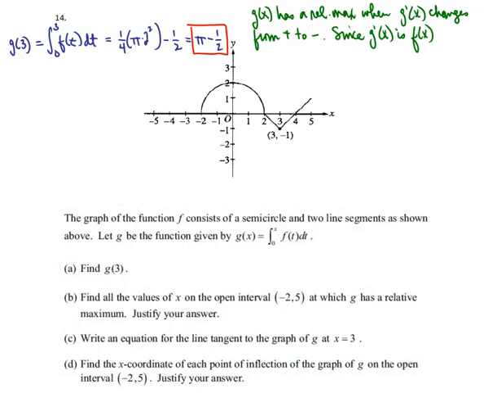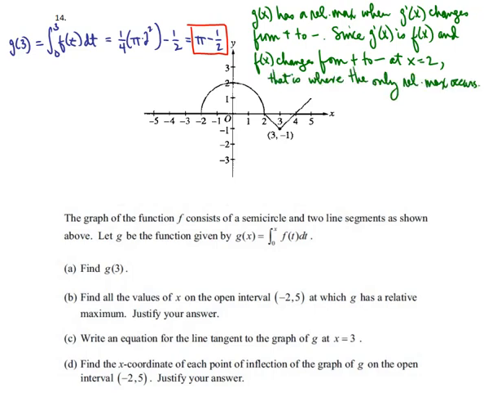In part B, all we're looking for is where f of x changes from positive to negative. x equals 2 is the only x value where there's a relative maximum. So that's where the only relative maximum is going to occur. And that would be the answer and the justification for part B.